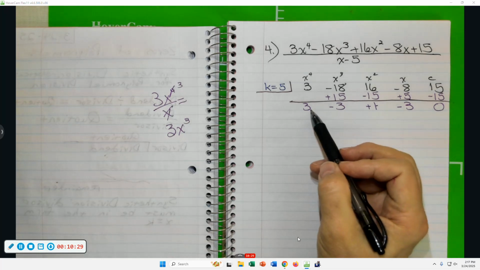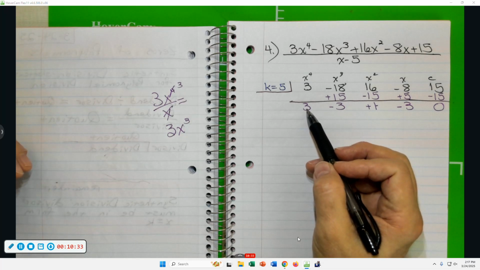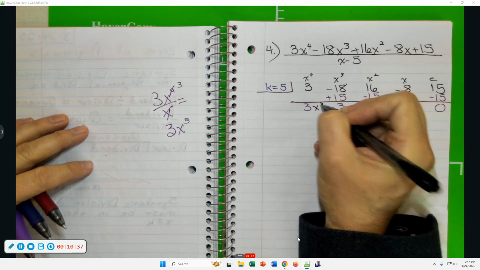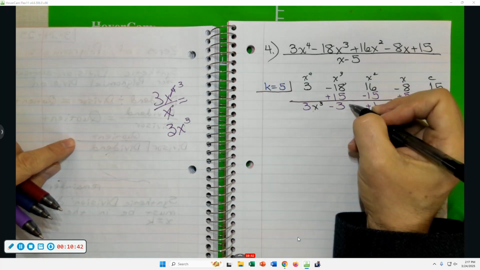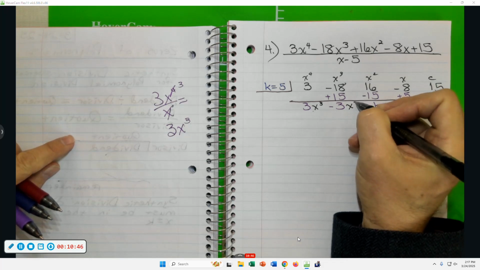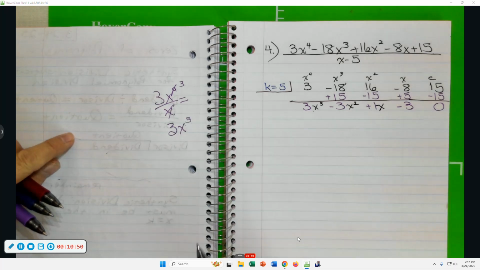So this number here is the leading coefficient of the quotient. Your variable part will start off x cubed. So we have a 3x cubed minus, you're going to decrease by 1 as you sweep across, x squared, x, and finally my constant.